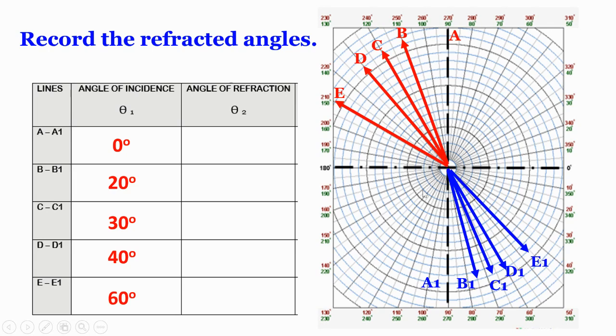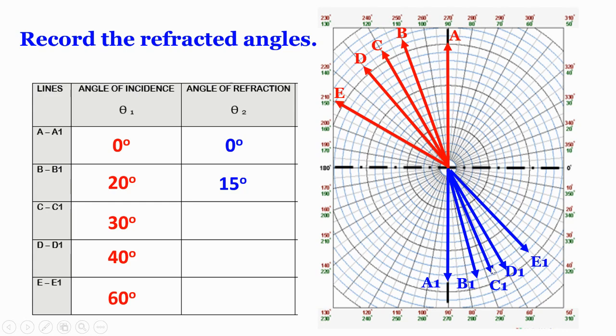Now what you are going to do is measure the angle these points make with the normal on this side. For example, B is making 15 degrees with the normal, because all this vertical line is the normal line. So B is making 15 degrees, C is making, C is 30, right?